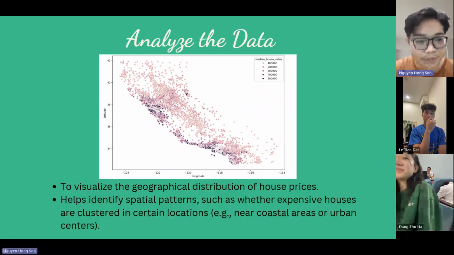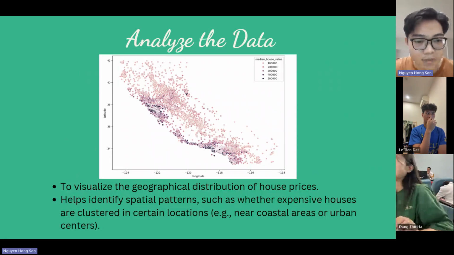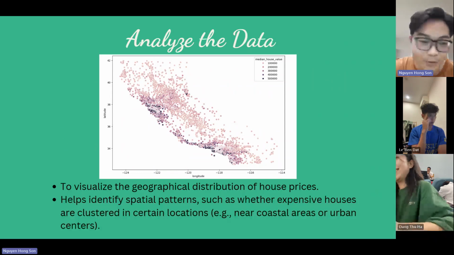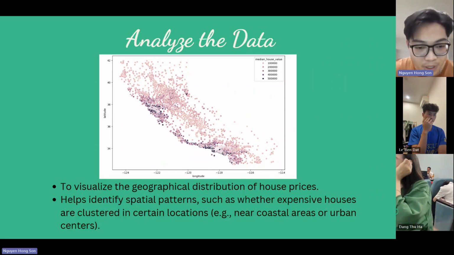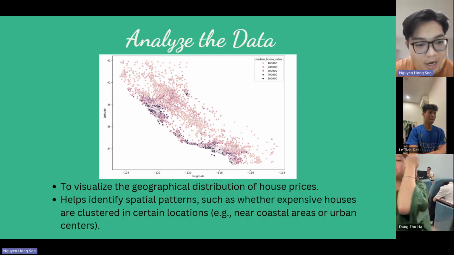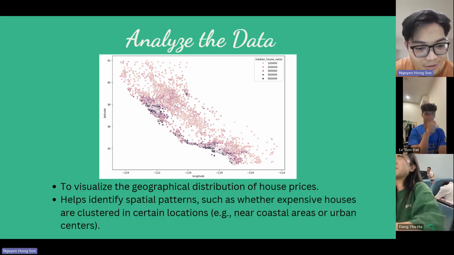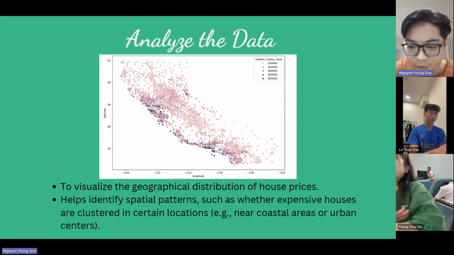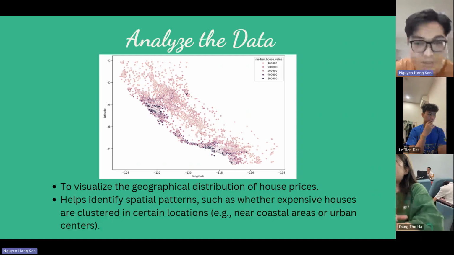And this one visualizes the geographical distribution of house prices. It helps identify spatial patterns, such as whether expensive houses are clustered in certain locations, for example, near coastal areas or urban centers.